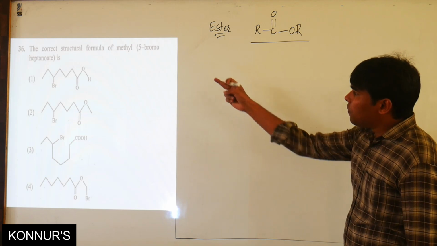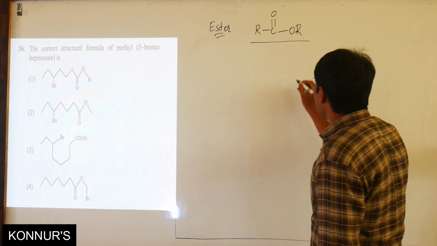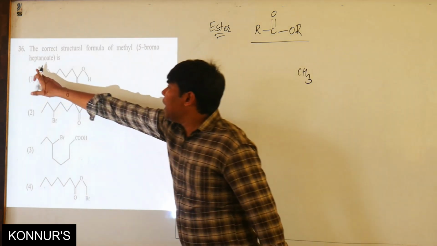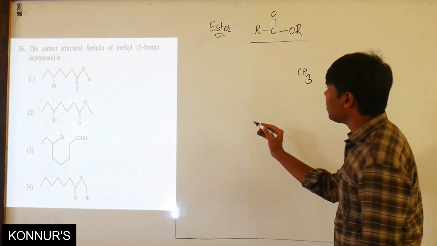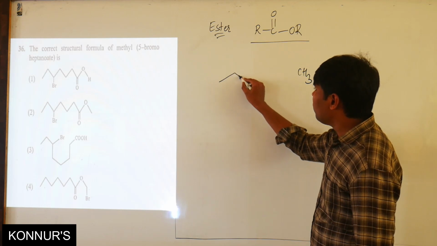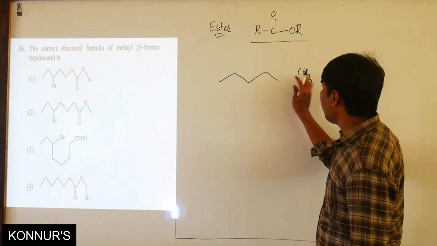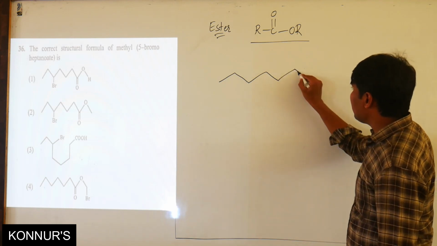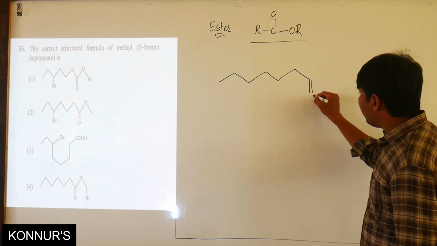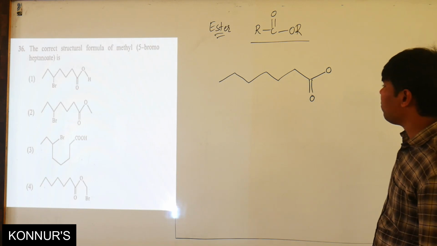If we talk about its exact naming, where the methyl group is present, the parent chain should be hept, which contains 1, 2, 3, 4, 5, 6, 7 carbons, heptane, and there is an ester group.